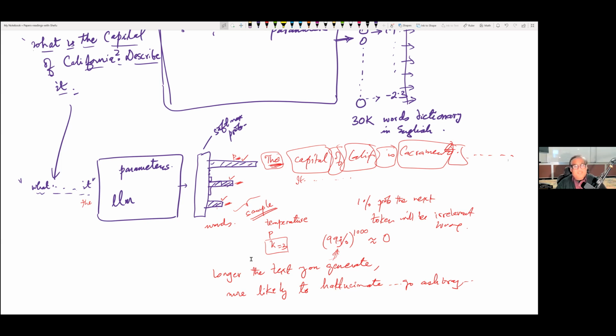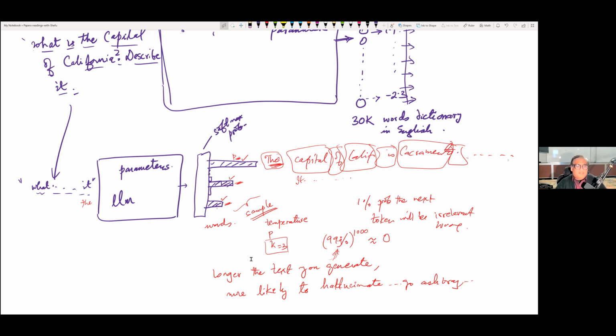And it produces that, and the next token and the next token. But the sum total of all the tokens, which is the full text, may not be the best text that it could have written. And it has no way to first think through the whole text, what it is going to produce in one shot, and then produce it.